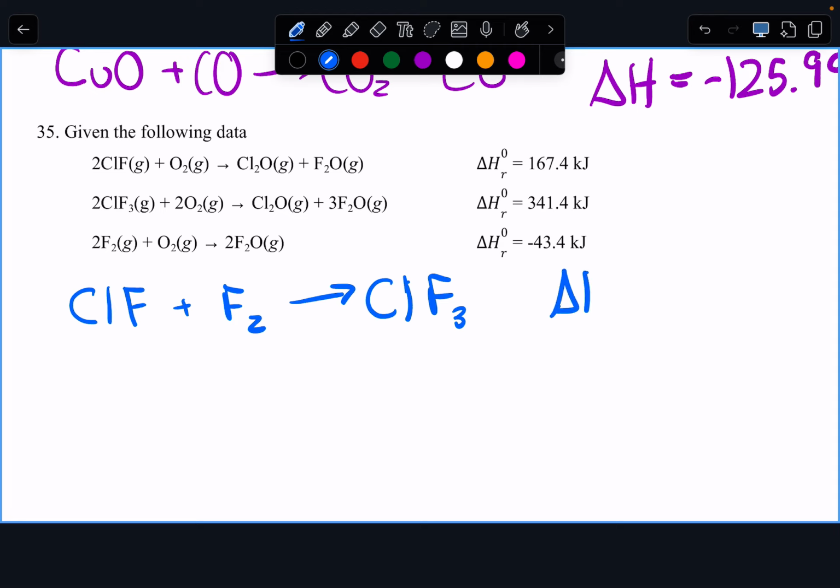It looks like there's only one on the homework like this, so I'm glad we're doing a bit more practice in class. Okay, so this is not delta H's of formation. This is known reactions that we're manipulating to find the delta H of an unknown reaction.